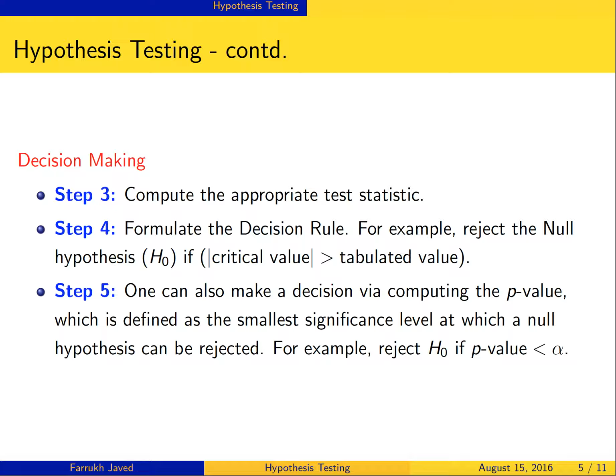So we calculate the p-value. That p-value is the probability of actually rejecting the true hypothesis. And if that p-value, now just listen to me very carefully, which is the smallest probability of actually rejecting the true hypothesis, is less than alpha, then we reject our hypothesis. And if this p-value is greater than alpha, then we do not reject our hypothesis.